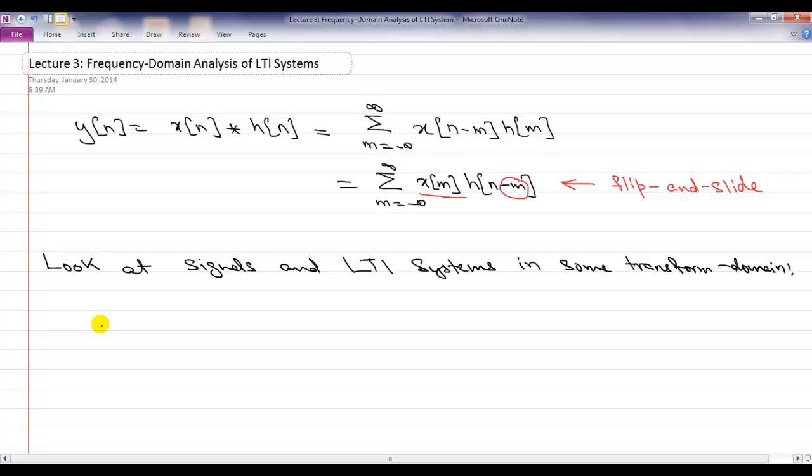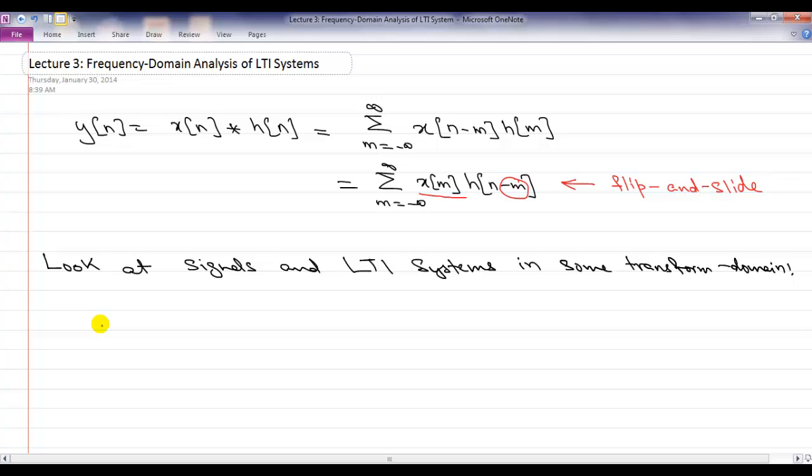A transform is nothing but looking at the same thing, the same signal, in a different manner than just looking at the time domain version of it, right? In time domain, the signal is varying, or the LTI system, the impulse response is varying in a certain fashion.